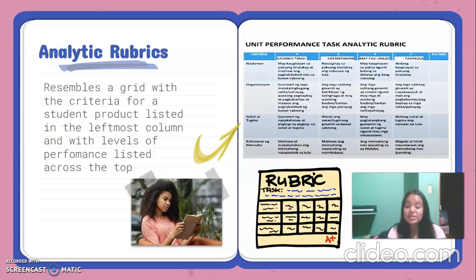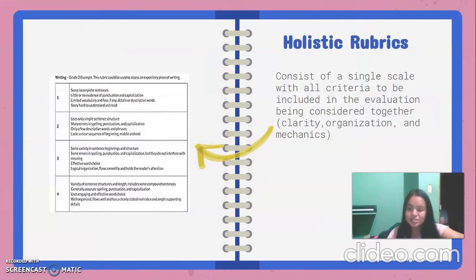A holistic rubric uses a single scale, where all criteria to be included in the assessment are considered together, for example on a scale of four or six points, based on an overall judgment of the student's work.